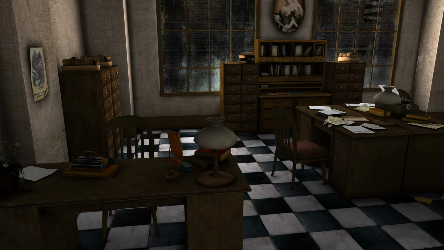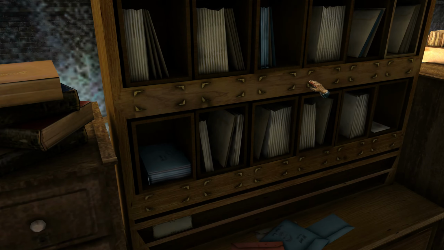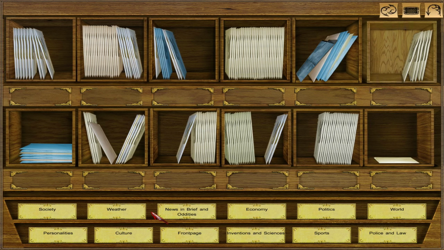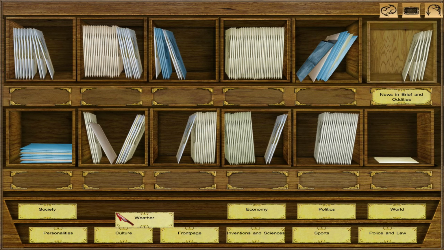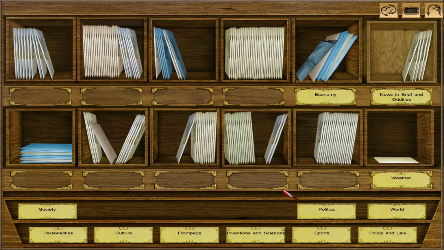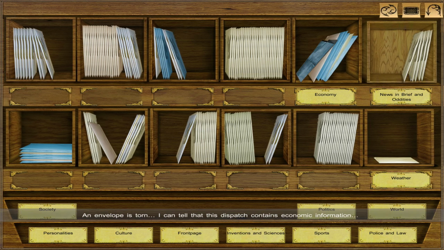Closed. An envelope is torn. I can tell that this dispatch contains economic information.